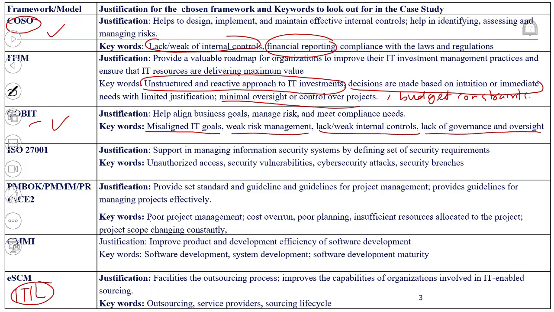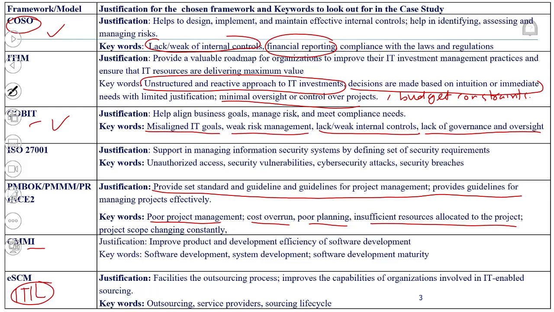So, poor project management, cost overruns, poor planning, insufficient resources. You see those ones? Think about any of those frameworks, and you can provide that as, for example, your justification, okay? CMMI, mainly used for software development, okay?